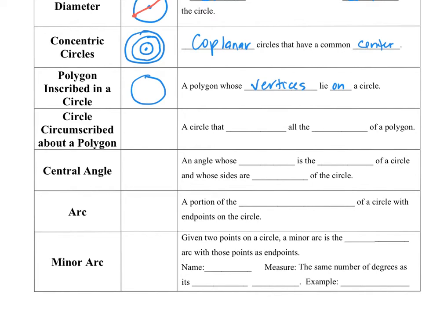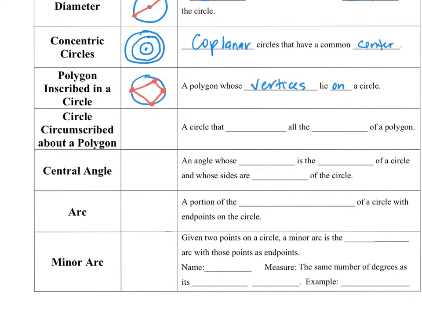We're going to draw a 4-sided figure, and we have to make sure that the 4 vertices are actually on the circle. It might look something like that. Notice that every vertex lies on the circle. So when we talk about this quadrilateral, we say that the quadrilateral is inscribed in the circle.